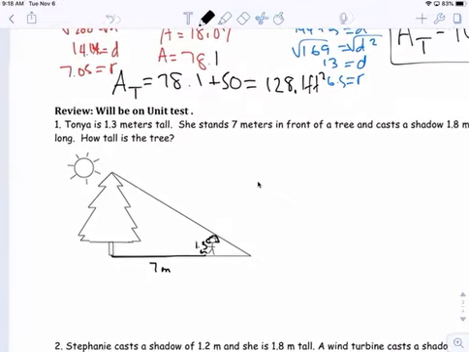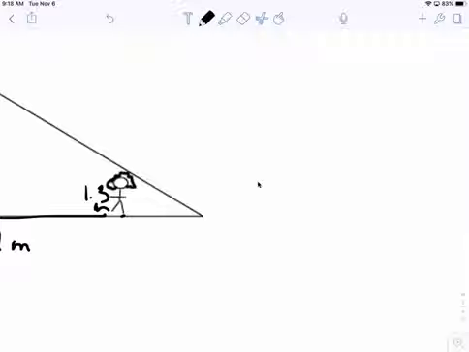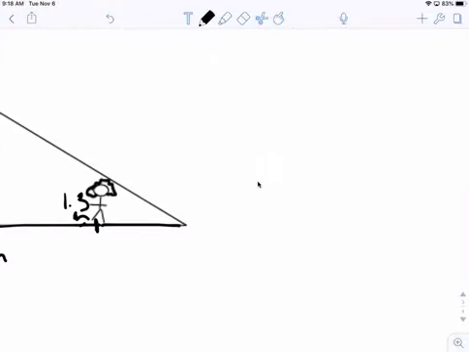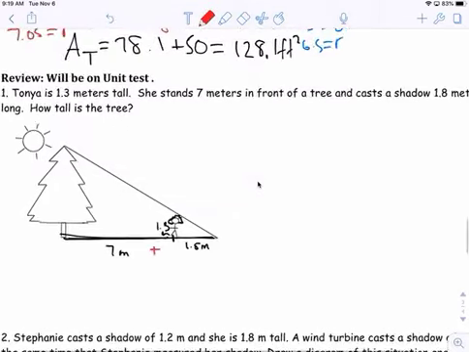And she casts a shadow of 1.8 meters. So this whole thing is 8.8. How tall is the tree?